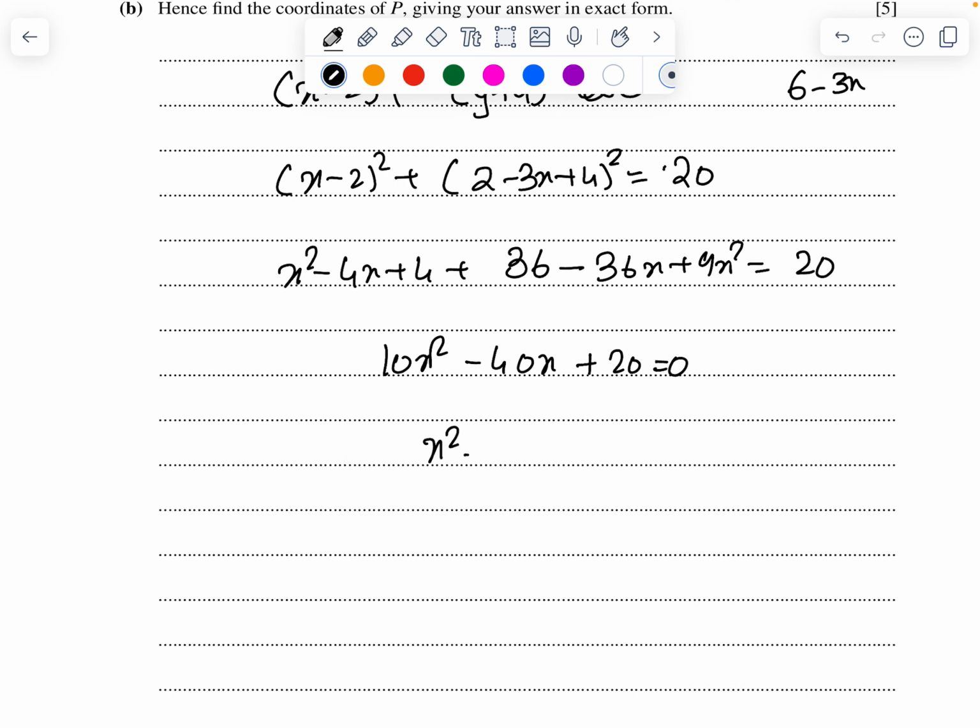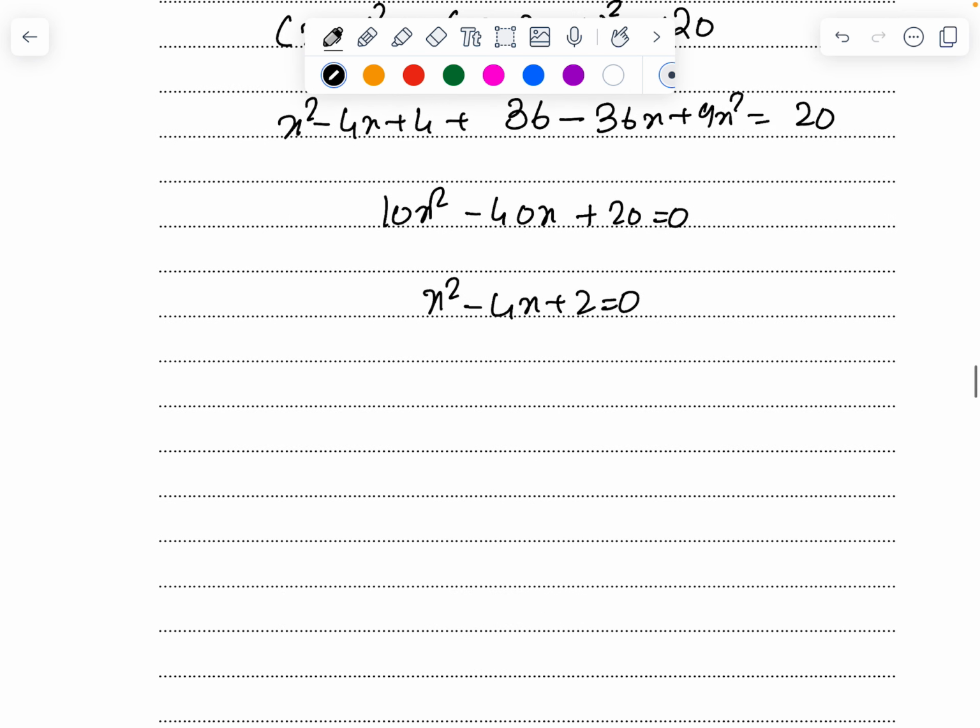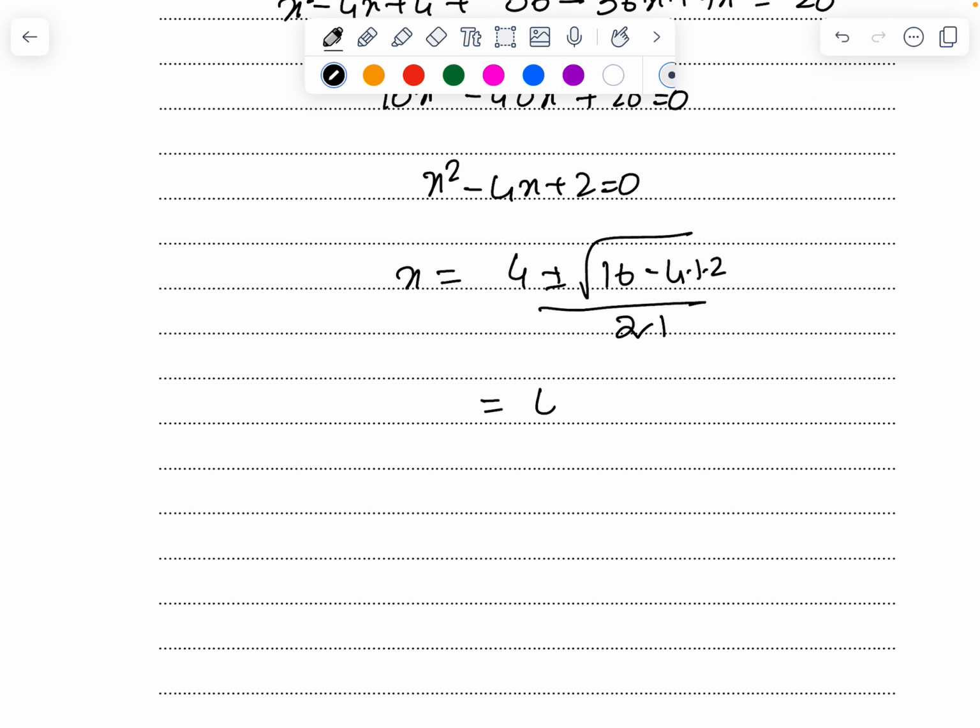So x square minus 4x plus 2 equals 0. Then x equals minus b plus minus square root of b square minus 4ac upon 2a. So you'll be getting 4 plus minus square root of 8 upon 2, which is 4 plus minus 2 root 2 upon 2, which is 2 plus or minus root 2.